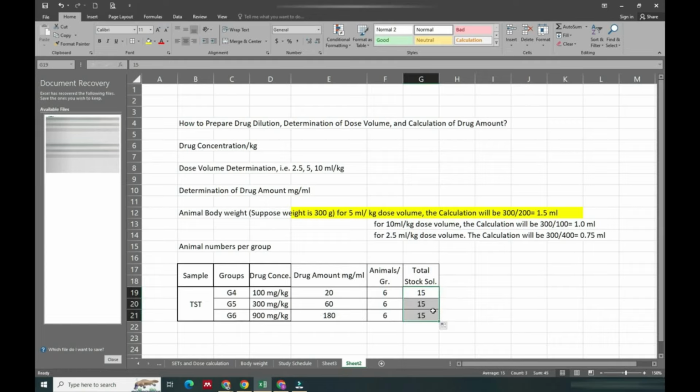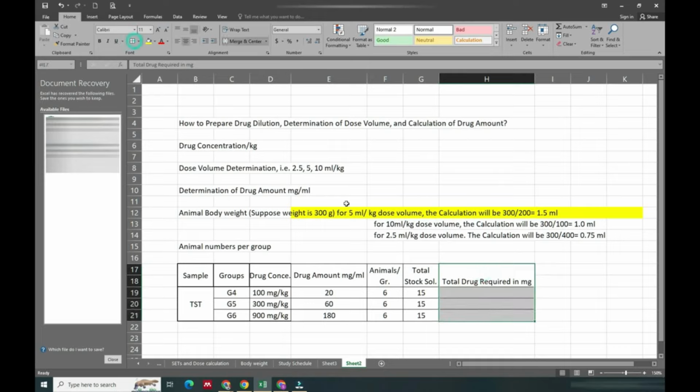That part sticks. So here we have taken 15. Now the next point is the total drug required to be added in this 15 ml. So that should be in mg. So that we will calculate here, and how we will calculate the total drug amount, we will see in this video.